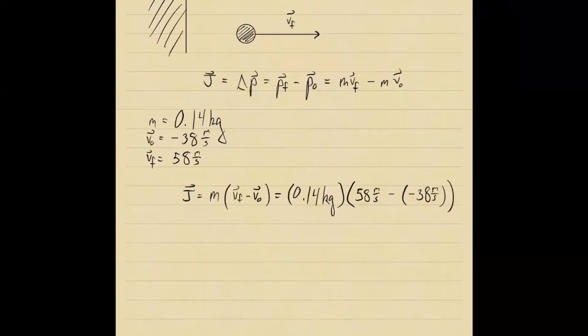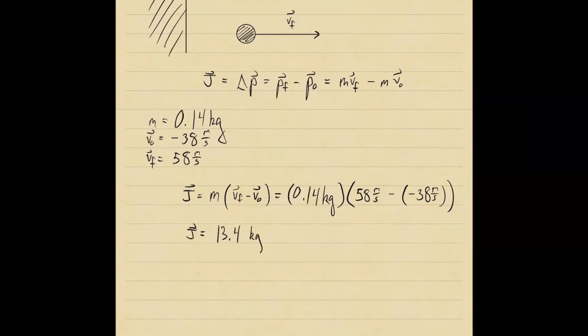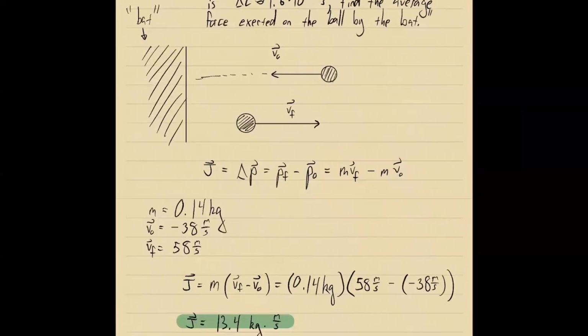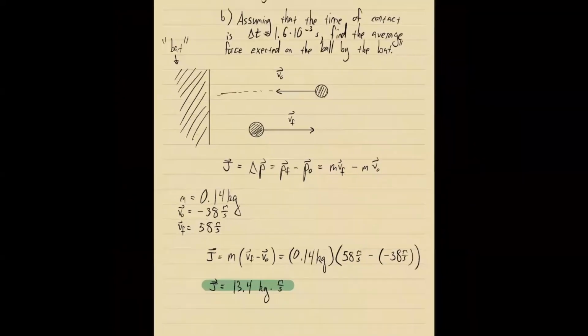Our impulse is going to be equal to 13.4 kilograms times meters per second. So this is the impulse of the bat on the ball. So this is part A.